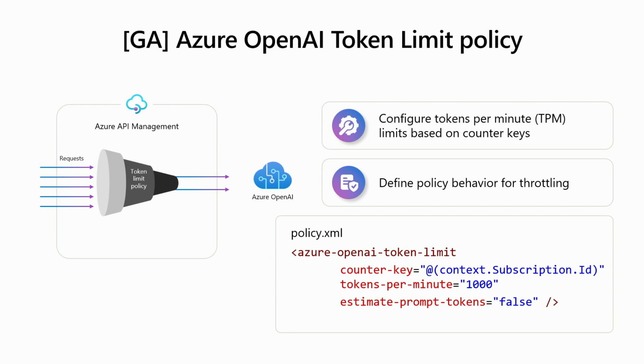Another feature that we're announcing is generally available is the token limit policy. This allows you to limit the amount of resources used by each of your applications. If you see here, you can define a counter key using a policy. This is one of the very powerful things in APIM: a lot of policies can be modified with expressions like this one.